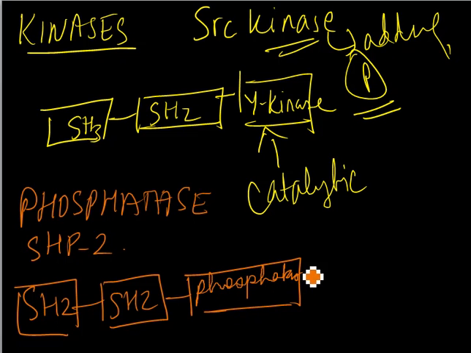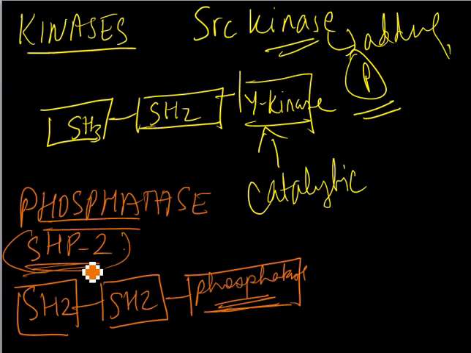So it needs to have these domains, right? If it doesn't have the phosphatase domain, then it cannot do its function of dephosphorylating different proteins. So that is the structure of a phosphatase, a general modular organization. This is how they're usually set up, and then specifically the SHP2 protein is set up this way.